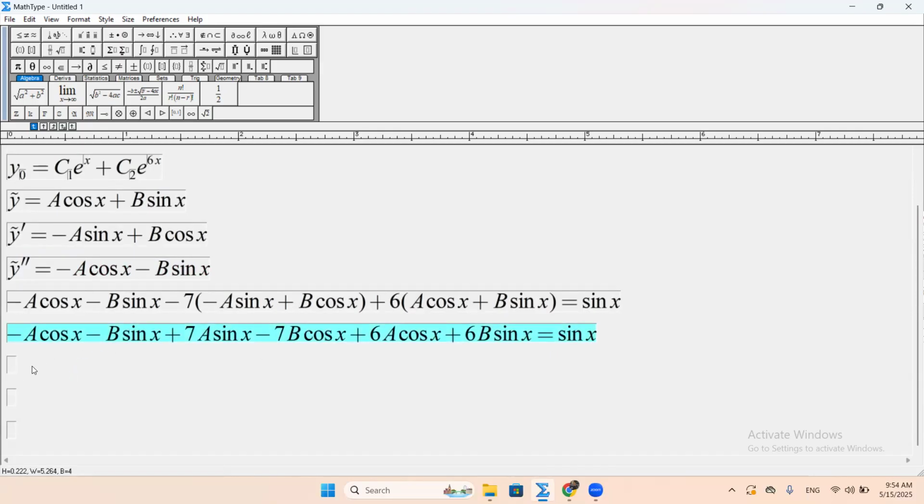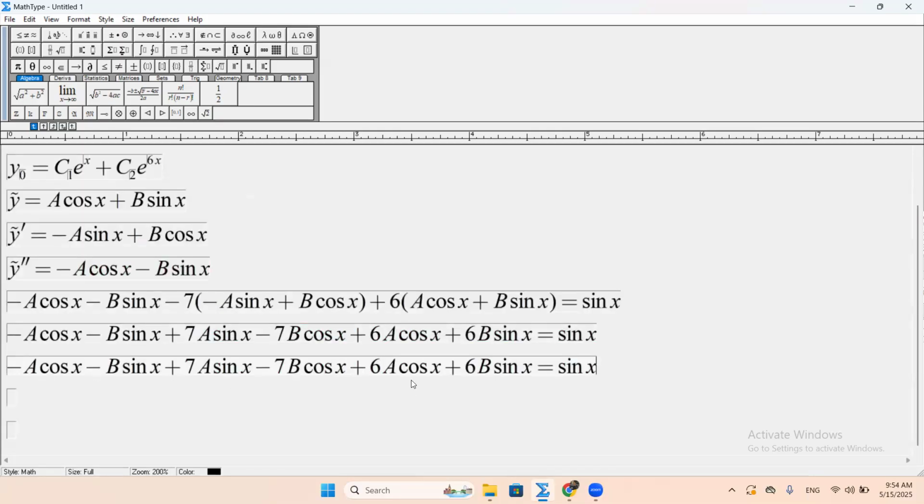First of all, we simplify them a little bit: 5A cosine of x and plus 5B sine of x.